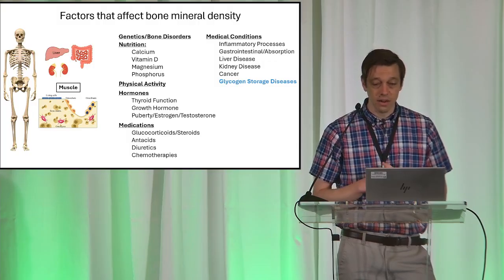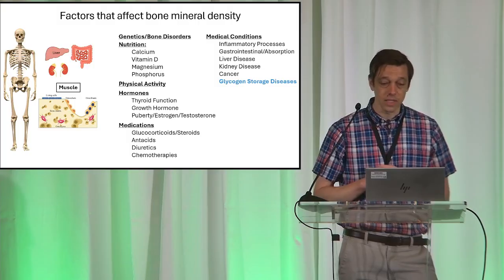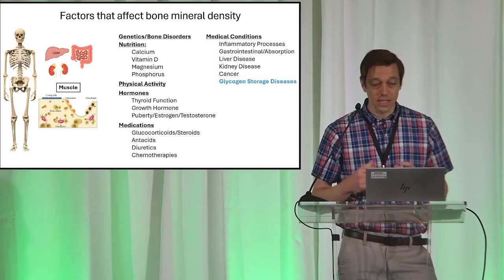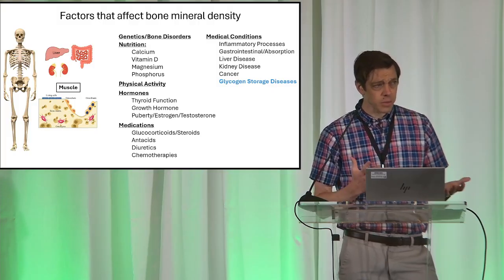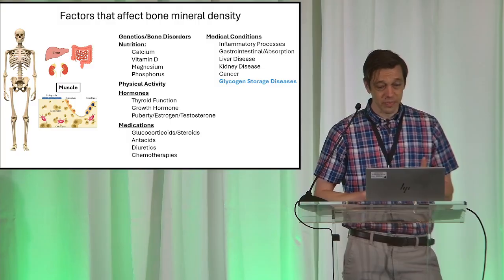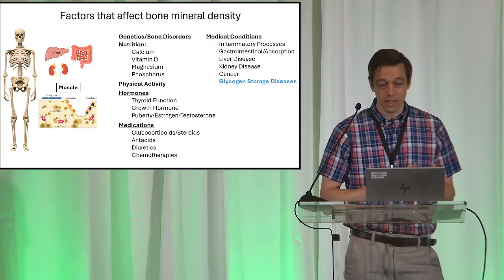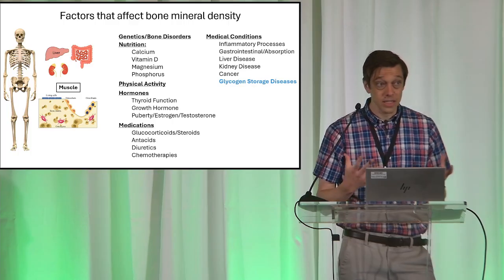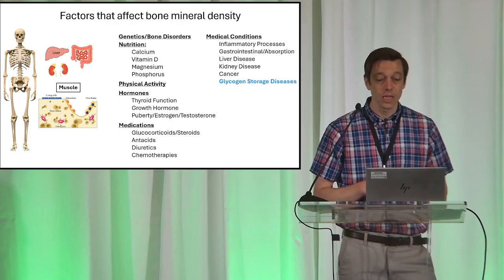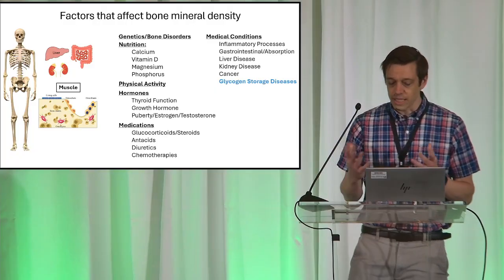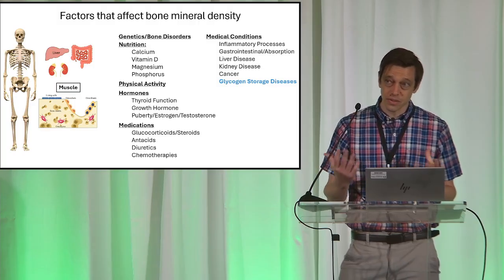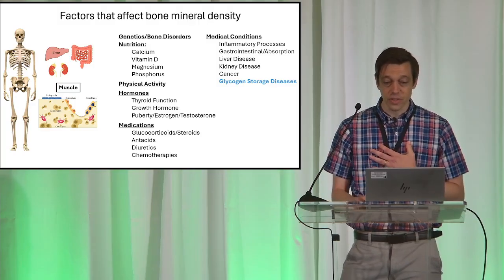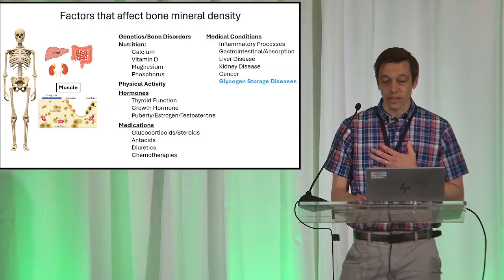As Dr. Krishnan already mentioned, thinking about the liver is really key, and we'll get into that soon for GSD. Similarly, kidney disease is going to affect the bone health process, as well as any malignancy that may be occurring, in different systems.